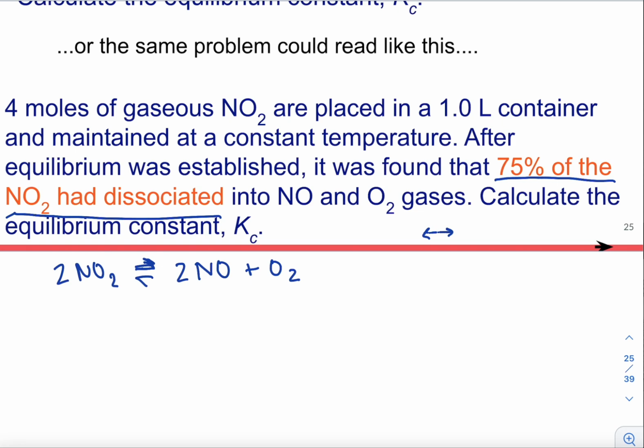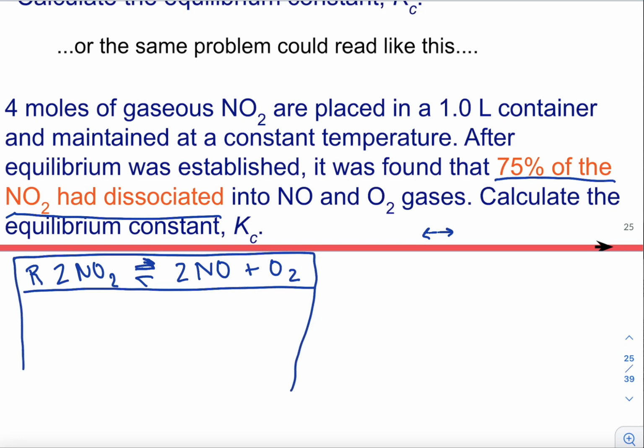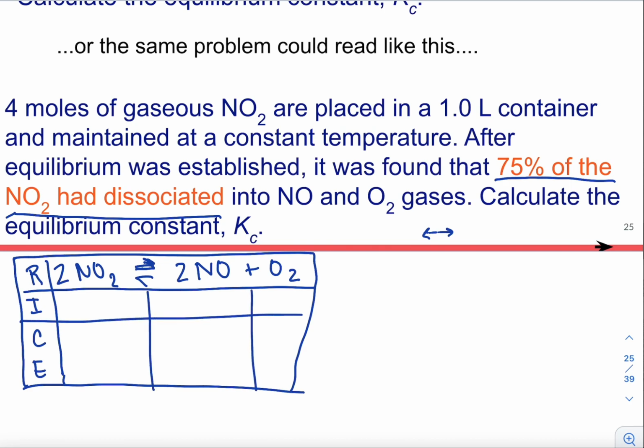RICE boxes are very, very helpful. We'll use them all the time. This is going to be my R, my reaction. Initial, change, equilibrium. A wonky RICE box.